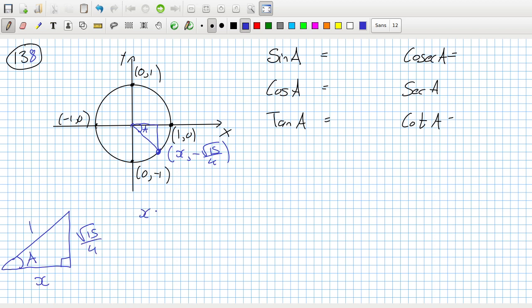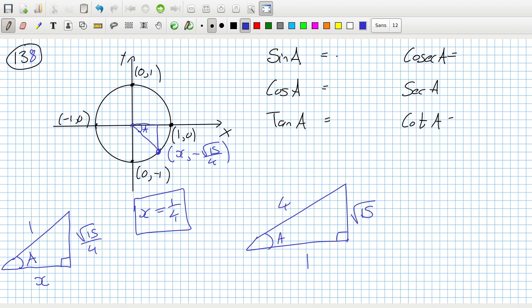That's 1. So that means x is root 1 minus 15 over 16. So that's 1 over 4. Okay. And then we can scale that triangle up, multiplying by 4. So that'll be 1, that'll be 4, and that'll be root 15.